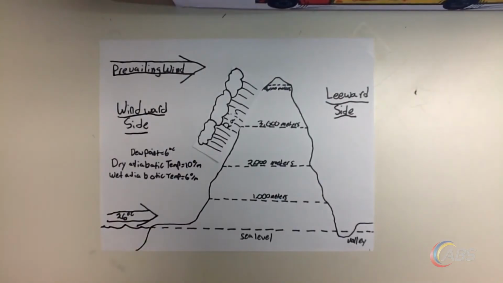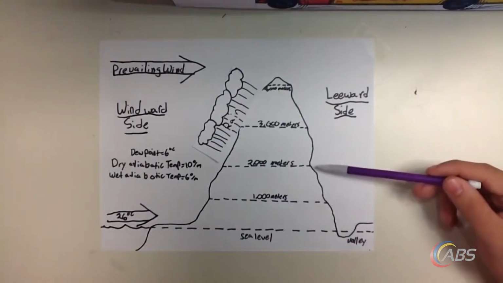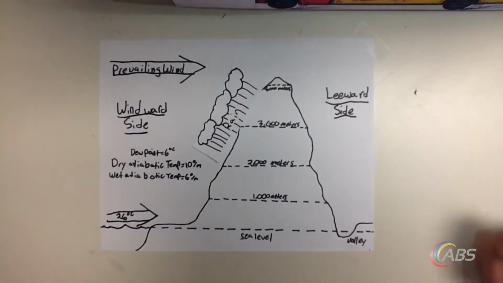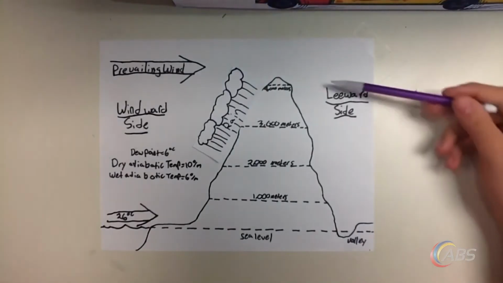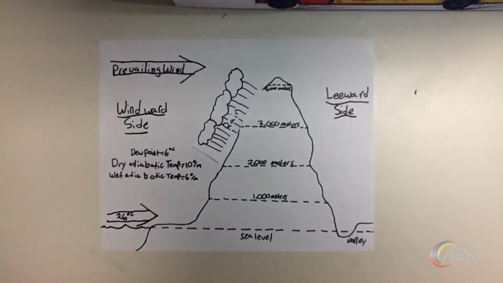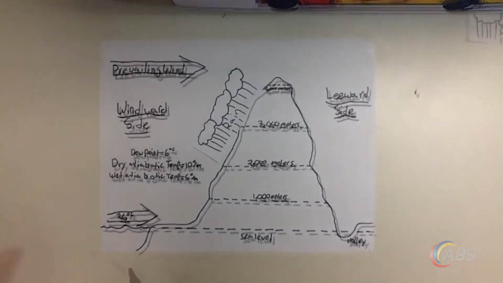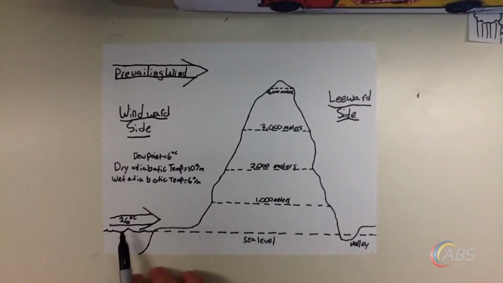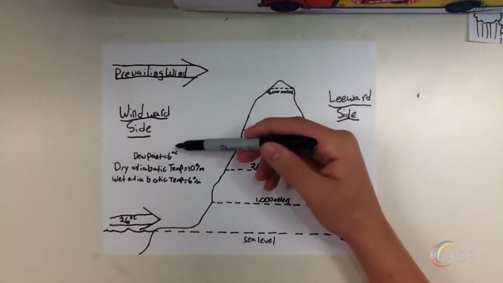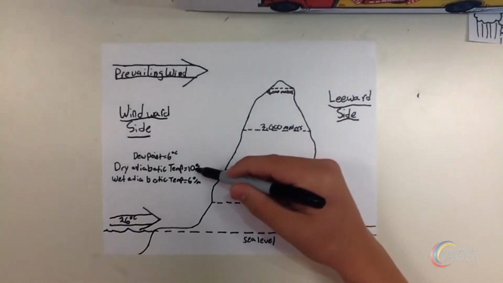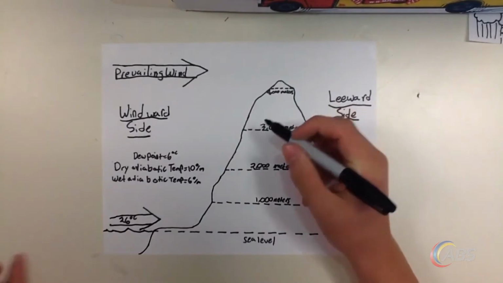To find the temperature going up the windward side, you subtract 10 degrees Celsius per every 1,000 meters in a dry area and 6 degrees Celsius for every moist area. Going down on a leeward side, you only add 10 degrees Celsius per every 1,000 meters. Now, let's put it in context. We start out at a temperature of 26 degrees Celsius. Because this is not yet at our dew point temperature, we need to start by subtracting 10 degrees every 1,000 meters.